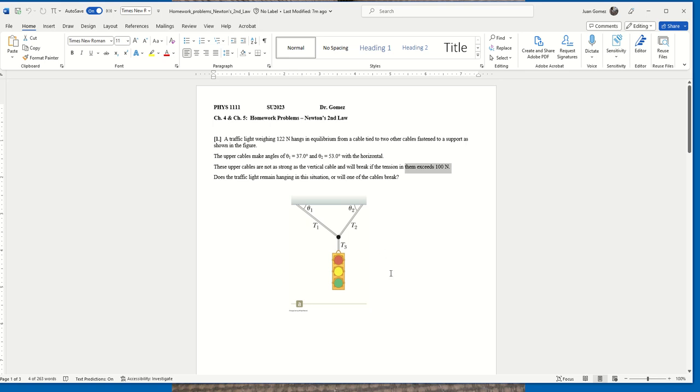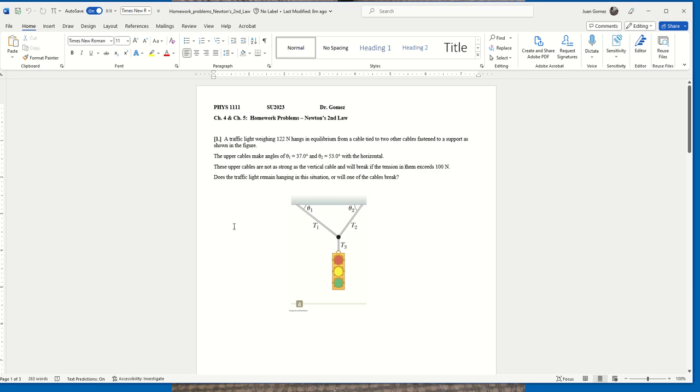So we want to know, does the traffic light remain hanging, or will cable 1 or cable 2 break? T1 is the tension in cable 1, T2 is the tension in cable 2, and T3 is the tension in cable 3. Again, cables 1 or 2 will break if T1 or T2 exceeds 100 newtons. So obviously we need to calculate T1 and T2.